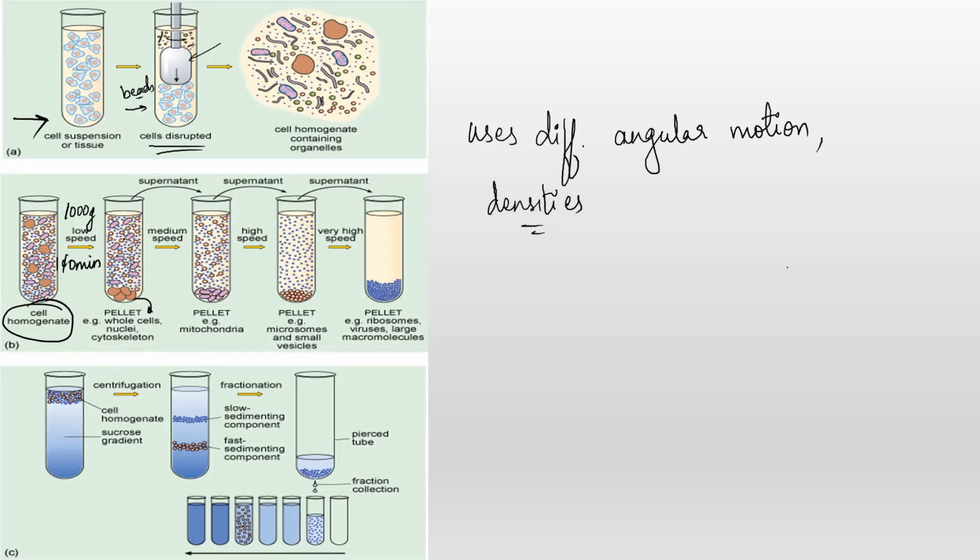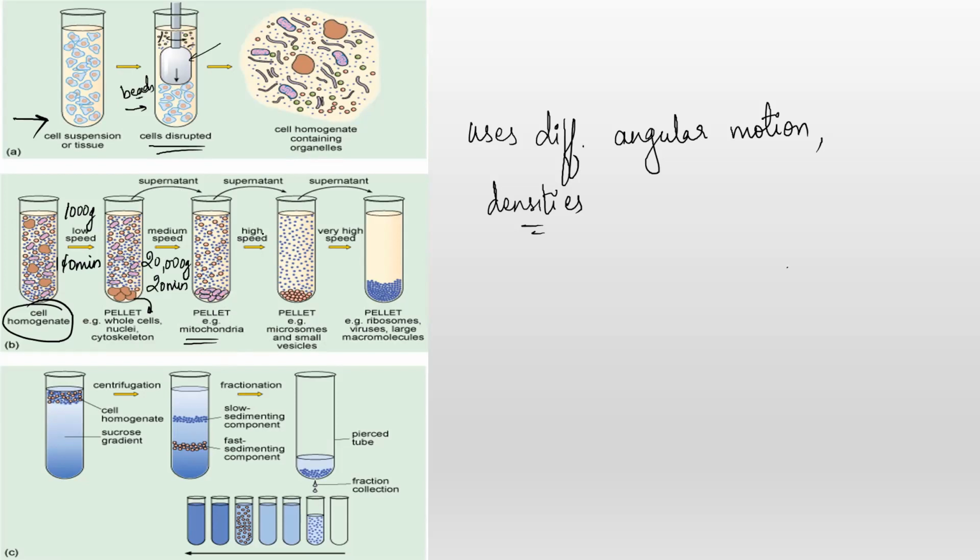If not, you take the supernatant and again subject it to centrifugation, but this time the speed is medium, 20,000 G for 20 minutes. Then you get a pellet. If you are interested in mitochondria, at this speed for this much time you get mitochondria. Then you subject the supernatant to high speed if your interest is in microsomes.